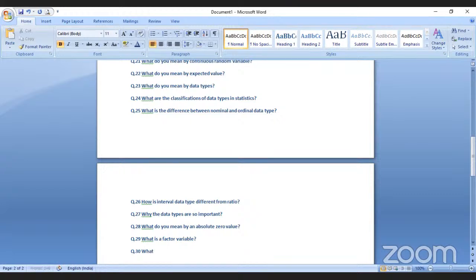What are the different types of discrete probability distributions?